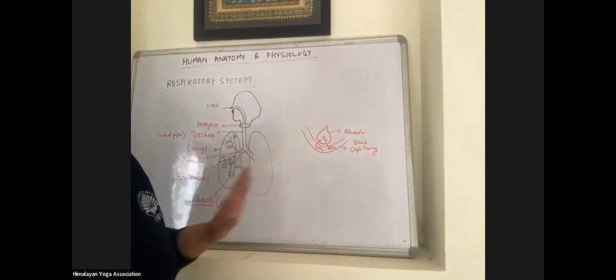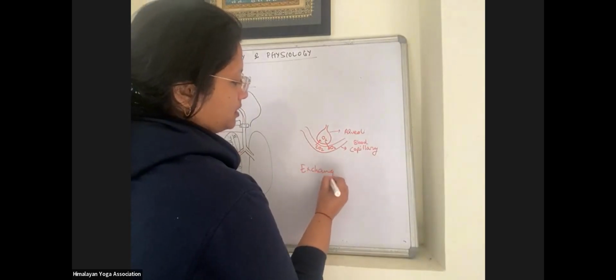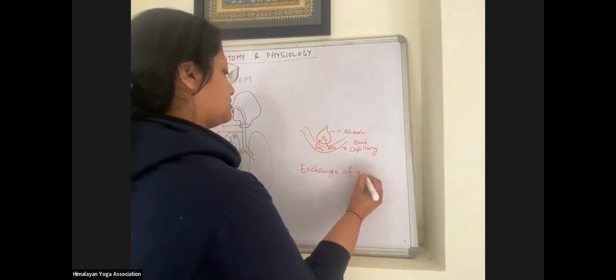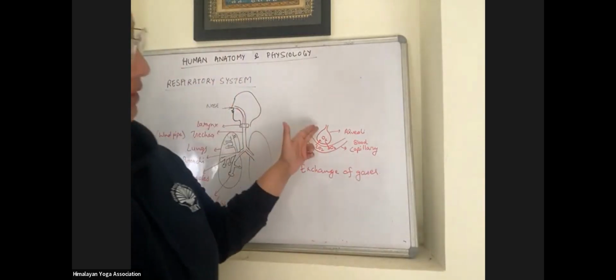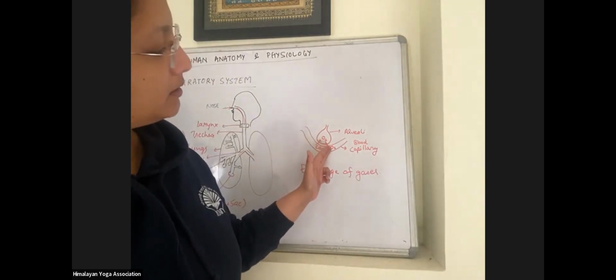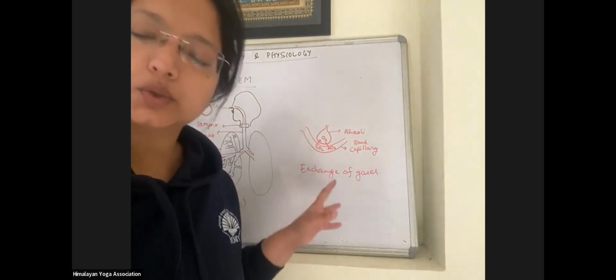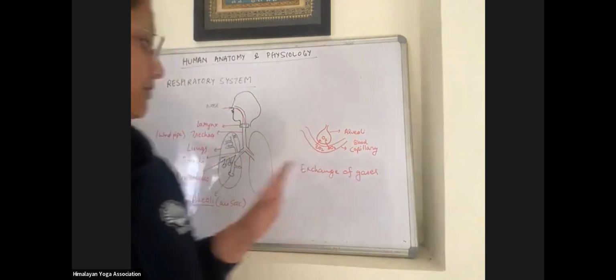So this is the exchange of gases. In the alveoli, the carbon dioxide goes inside, and the oxygen comes to the capillary blood vessel. I hope this is very clear.